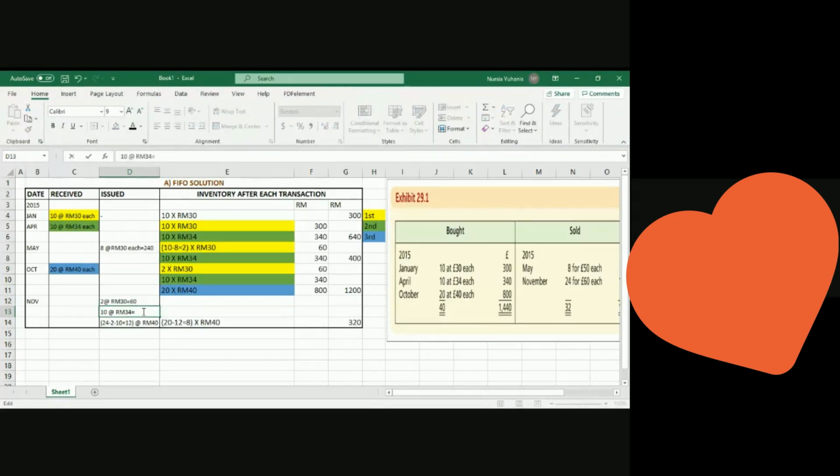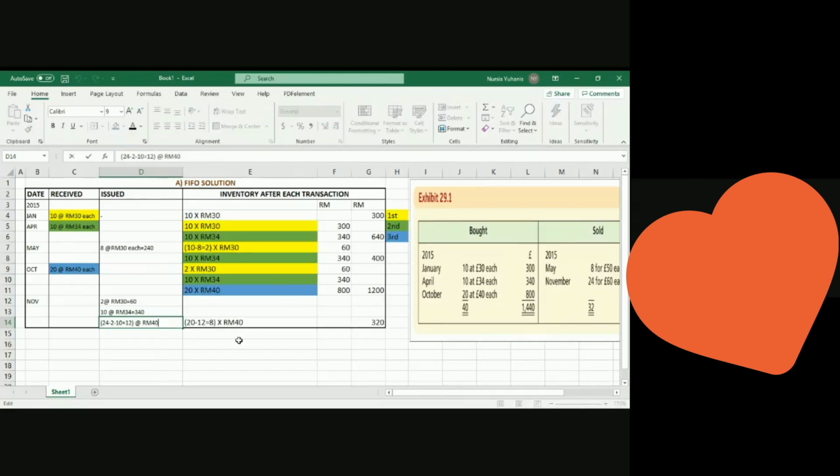Then this one, 340. This one will be longer. How much here? 12 multiplied by 40? 480.